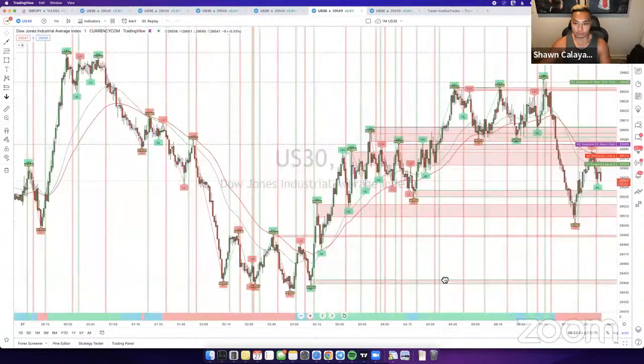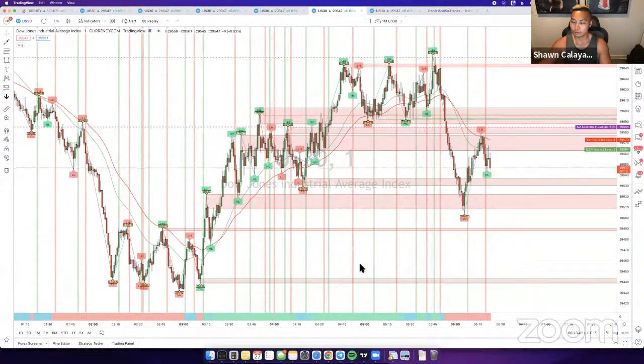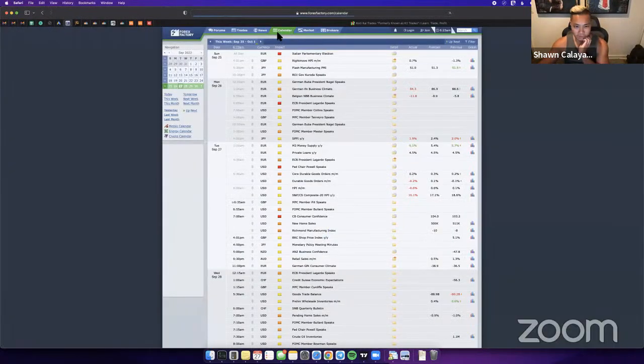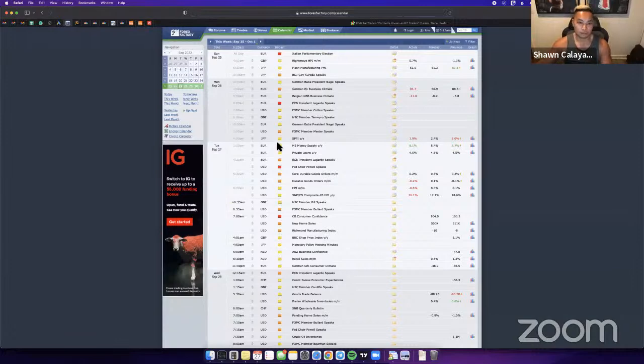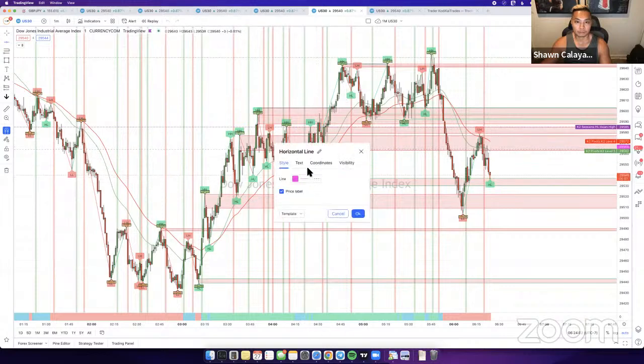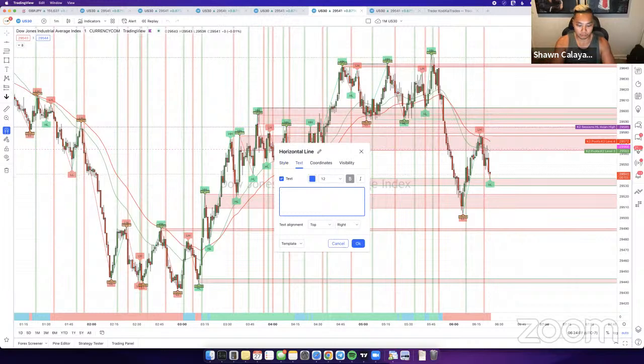Next thing I'm going to do is draw up the news price. First news event was at 4:30, and Powell started speaking right there. 4:30 US news, Powell speaking.